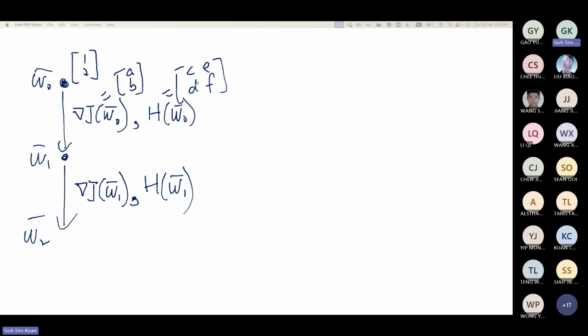After that, we will be able to compute the value for W1 based on the Newton update: W0 minus H inverse times the gradient. This is exactly what we computed earlier. We simply need to substitute it into the expression.